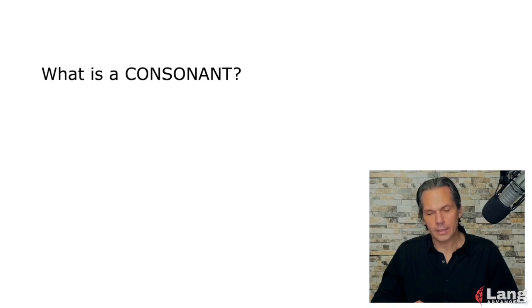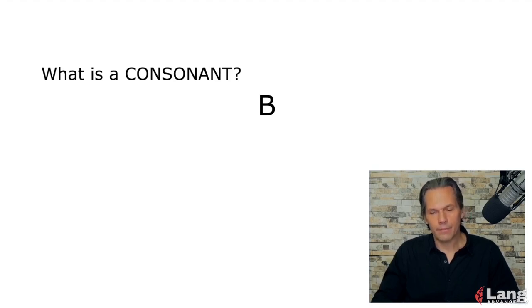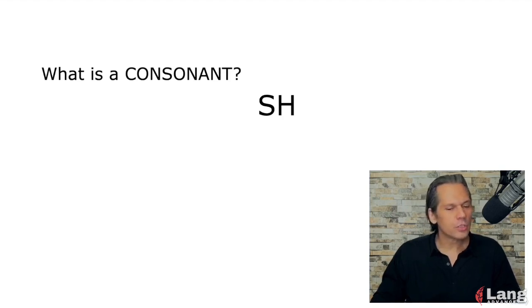What is a consonant? This is a good example of a consonant, the sound D. Here's another consonant, G. B. V. Z. J. Sh.